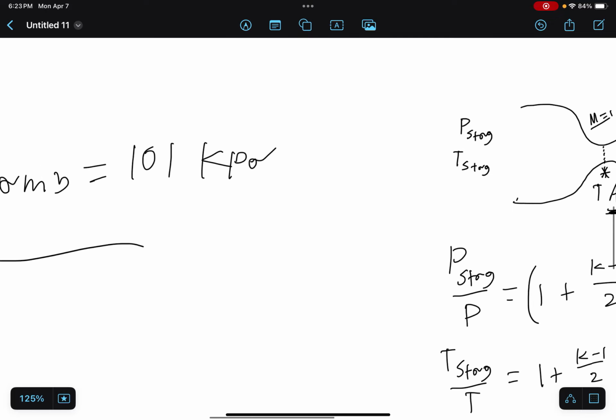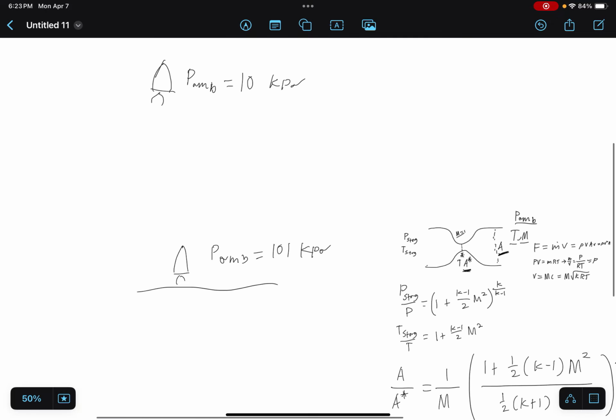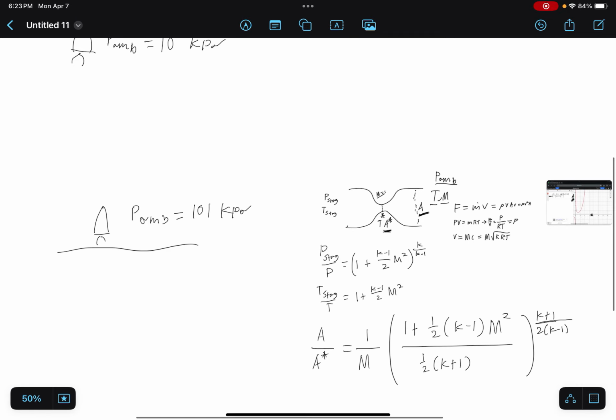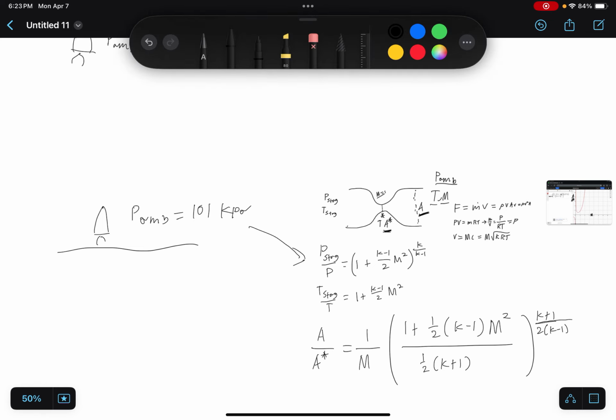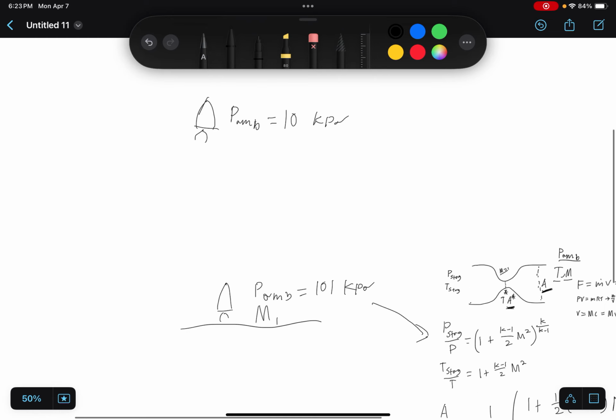Well, okay, so for a rocket, you start off with a high ambient pressure and you end up with a low ambient pressure. So if you plug that into this equation, you're going to get Mach numbers M1 and M2.